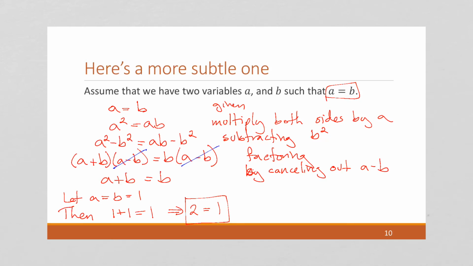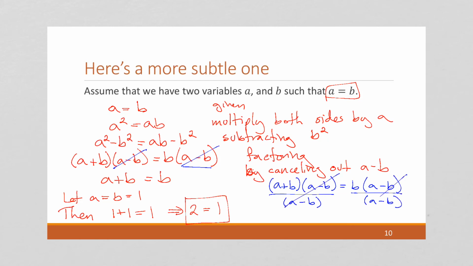The mistake is we canceled out a minus b. How do we do that? We said a plus b times a minus b equals b times a minus b. And we divided both sides by a minus b.